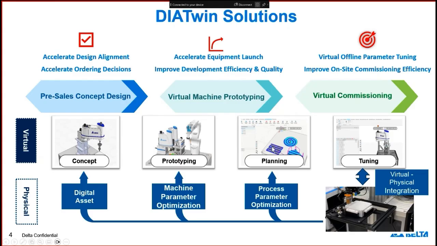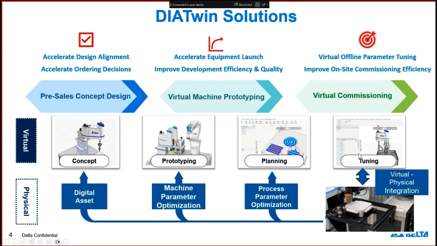movement. And this image example is the dispensing, like gluing, and we can commissioning with the digital twin to finalize all the cycle time and tuning to improve the speed. Then the sequence is workable or not.